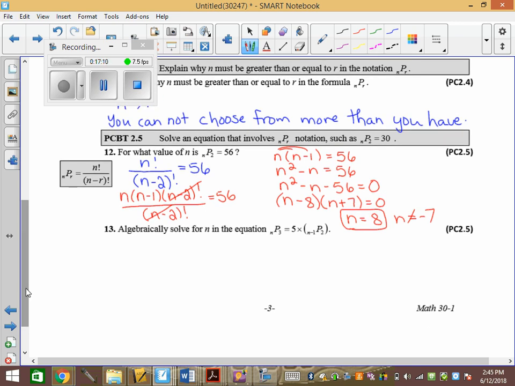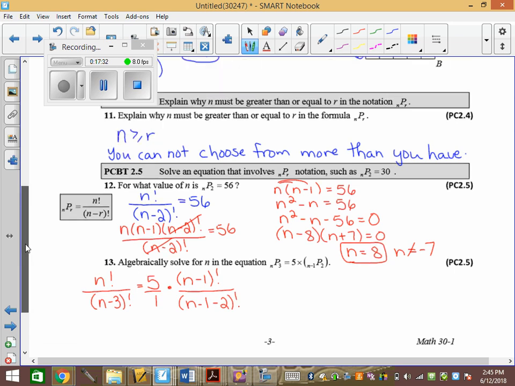Okay, then we have to solve a bigger one at the bottom. So we're going to do nP3, which is n factorial over n minus 3 factorial equals 5 over 1 times n minus 1 factorial over n minus 1 minus 2 factorial. This isn't a problem.